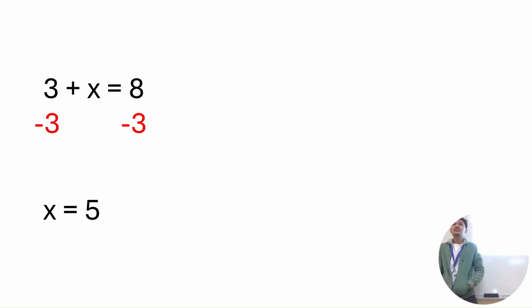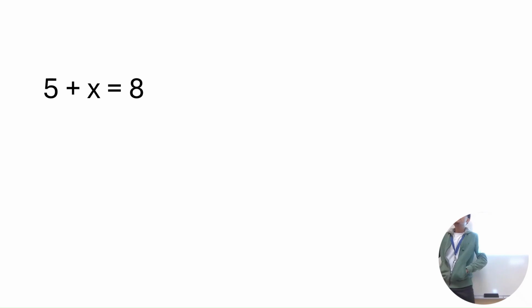Well, it's an equation, right? The left side and right side should be the same. So if you minus 3 on the left side, to keep it equal, in other words, to keep it balanced, you want to do the same thing that you did on the left to the right.